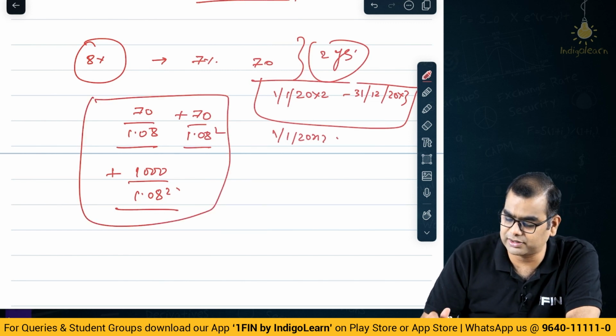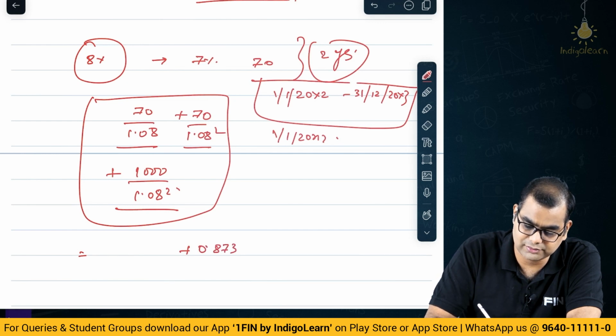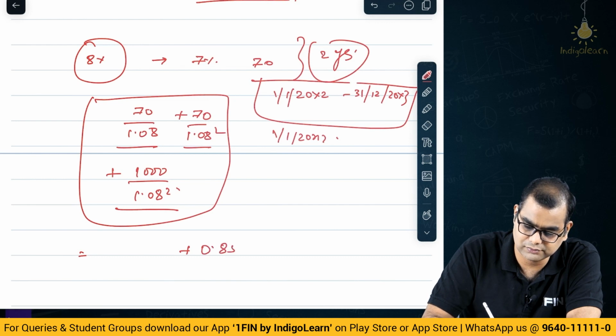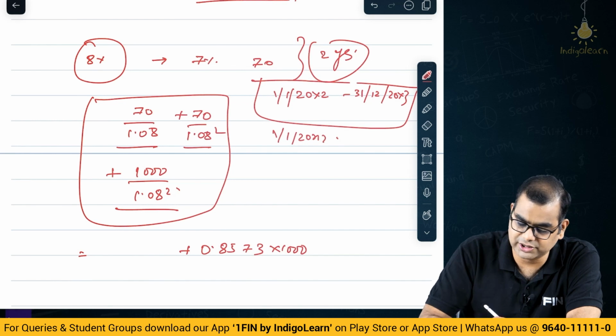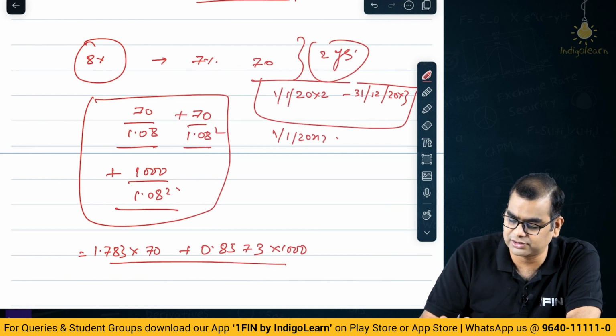So, this will be 1 by 1.08 is equal to once, twice, 1.783 into 70 plus 0.8573 into 1000.